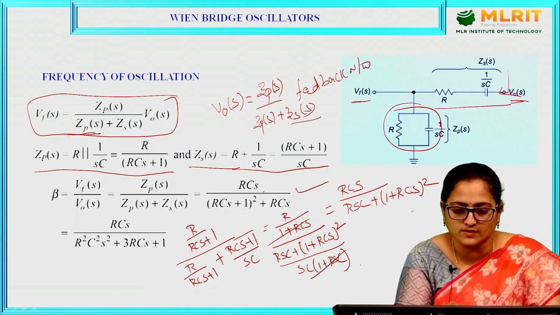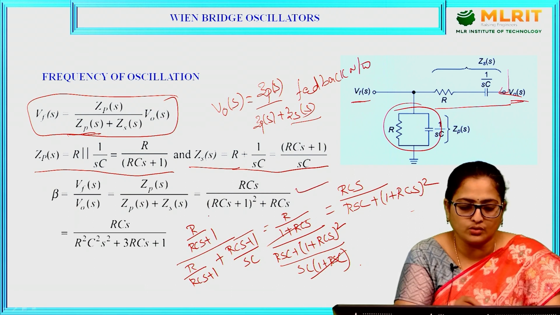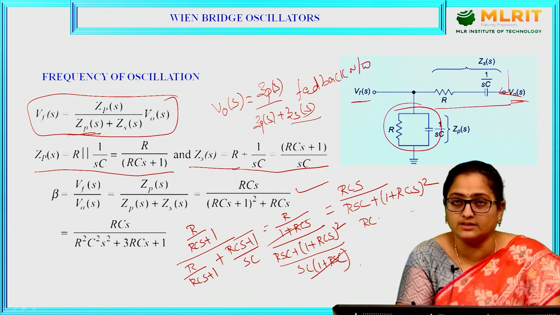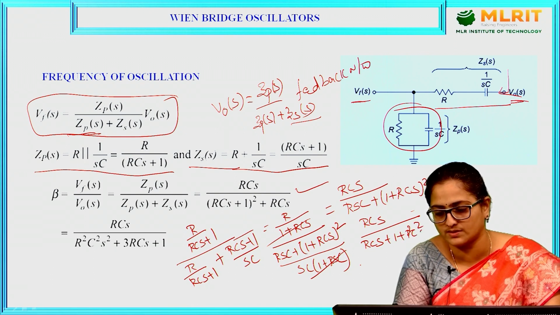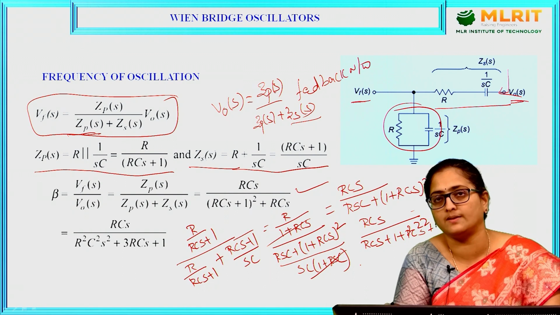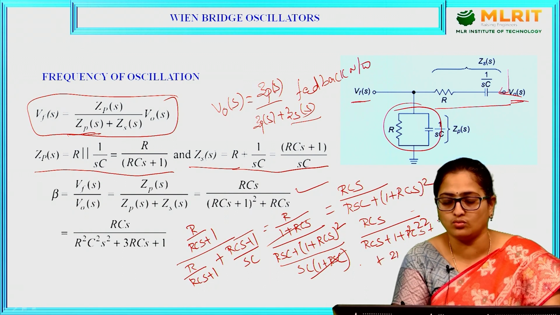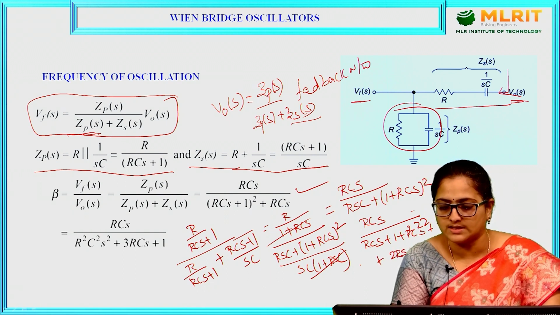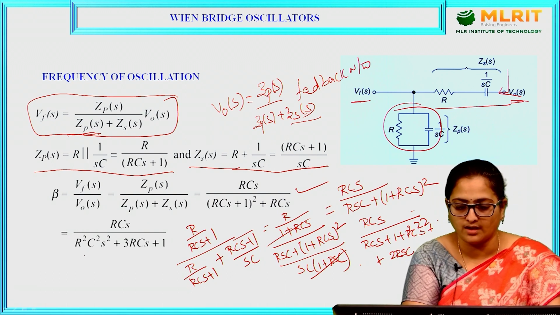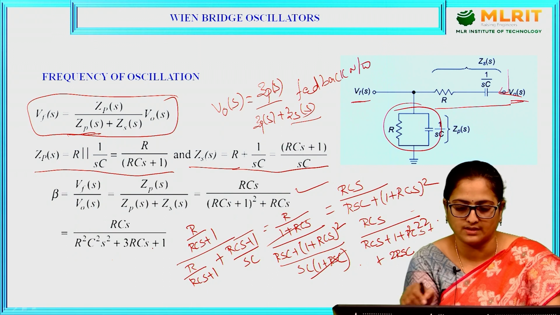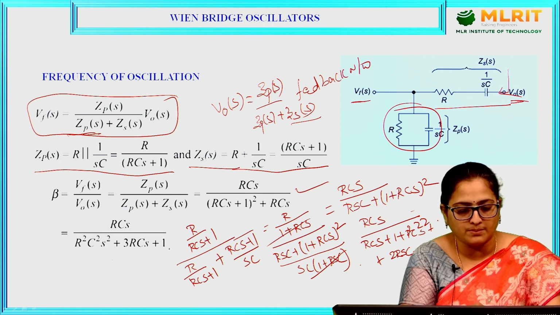Now if you can solve this, you can get RCS divided by RCS plus A square plus B square, that is 1 square plus R square C square S square plus 2 RSC, which can be given as RCS divided by R square C square S square plus 3 RSC plus 1.